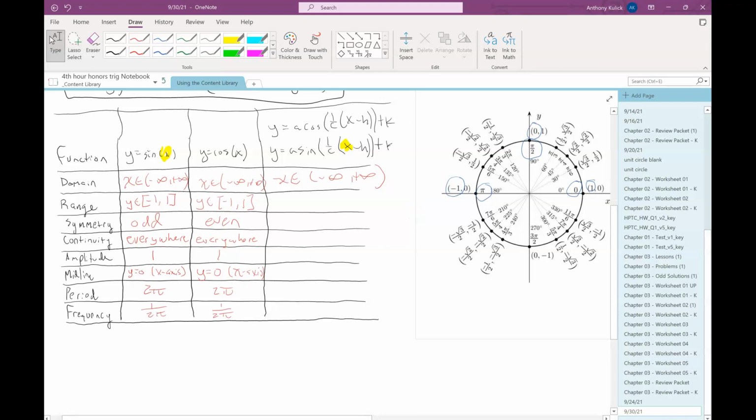Everybody good with that? So my range now is going to be k minus the absolute value of a, comma, k plus the absolute value of a.